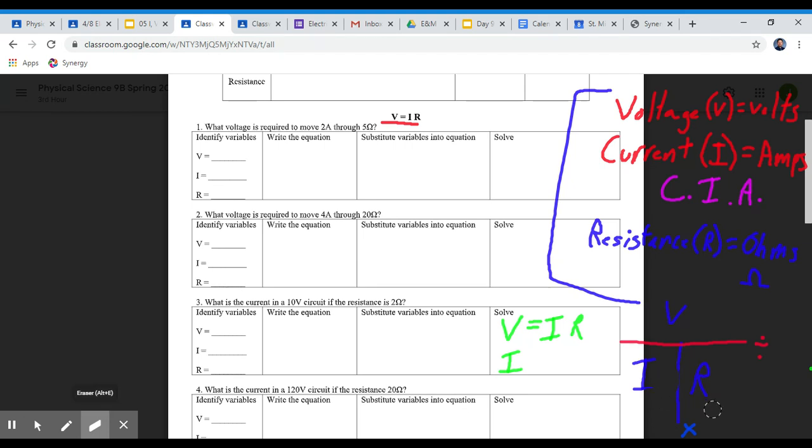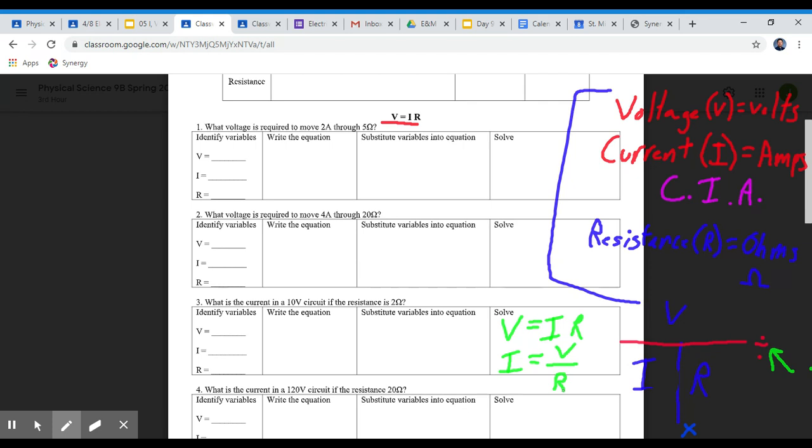Well, in order to solve for current, we need to use voltage and resistance. Voltage and resistance are separated by this division line here. So I'm going to take voltage and resistance. And you might ask, well, which way do I have to divide them? V divided by R. Well, that's the reason that the V, or the voltage, is on top, because that's going to go in your numerator. So resistance is on the bottom.